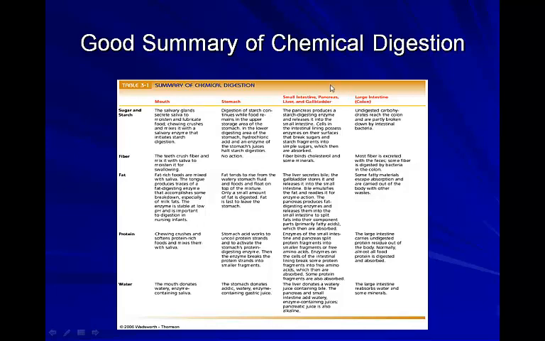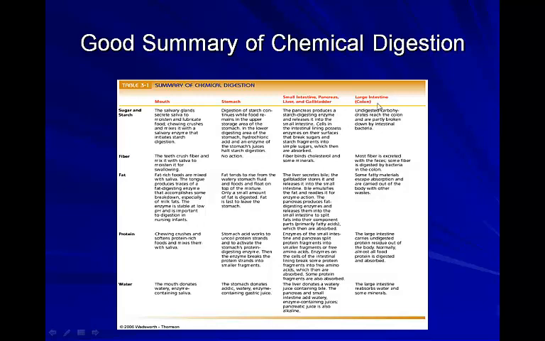It talks a little more specifically about what we call accessory organs: the liver, the pancreas, the gallbladder. Food doesn't actually pass through the pancreas, the liver, or the gallbladder, but these are all attached to our digestive system through different ducts and play major roles in digestion.